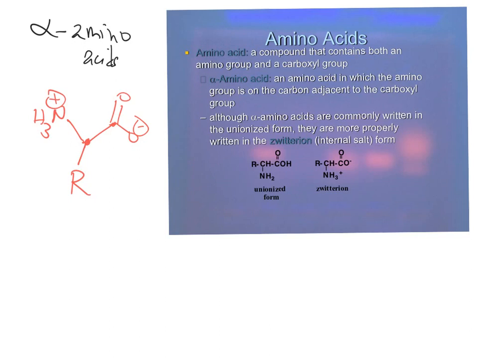But inside a protein, you can have internal pKa's that differ, so they may or may not have the hydrogens attached to them. Many times you see them written in what's called the unionized form. But at physiological pH, typically it's going to look like a zwitterion.